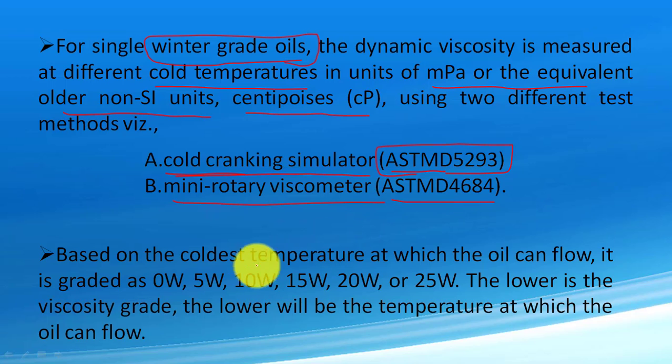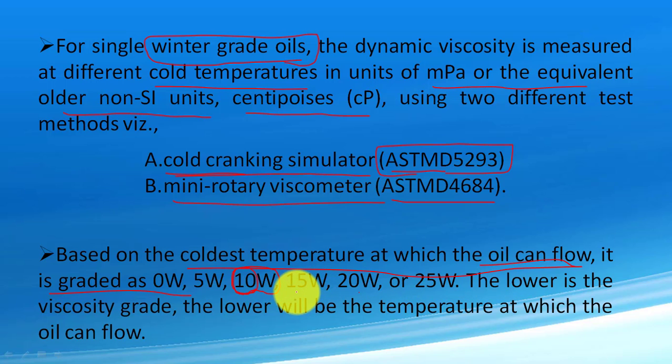Based on the coldest temperature at which the oil can flow, it is graded as 0W, 5W, 10W, 15W, 20W or 25W. In this designation method, the first figure, for example, we are considering 10W, this 10 indicates the viscosity of the particular oil at 0 degree Fahrenheit temperature.